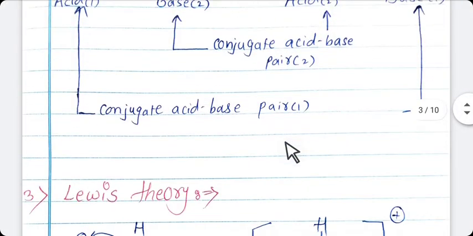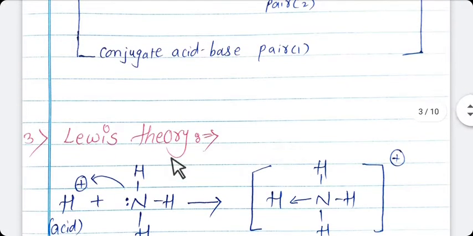The next theory is Lewis theory. According to this theory, an acid is any species that accepts a shared electron pair, and a base is a species that donates a shared pair of electrons.